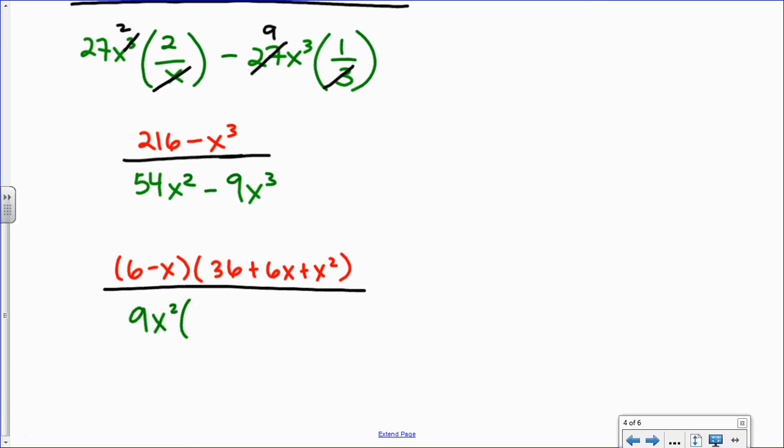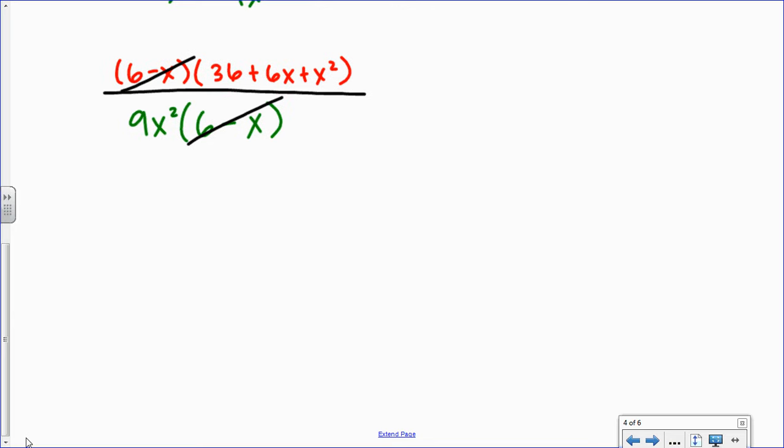Okay, so what do I multiply 9x squared by to get 54x squared? 6. What do I multiply 9x squared by to get 9x cubed? X. Okay, then my 6 minus x's will cancel. Then I'm left with this trinomial over 9x squared.